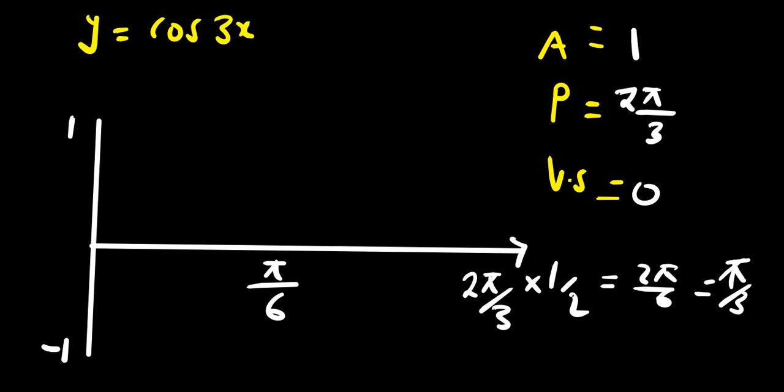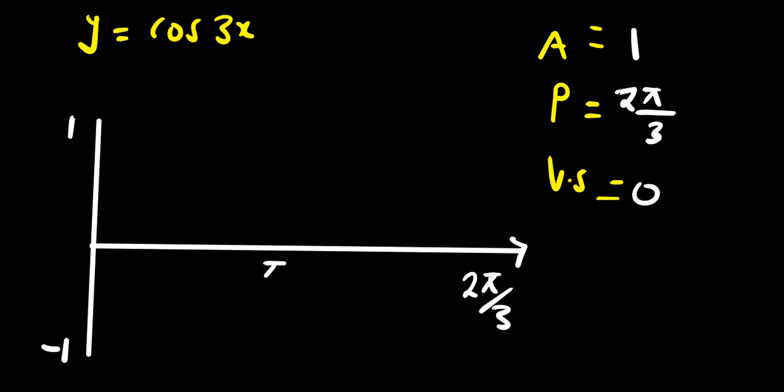Okay, so pardon me for that. So this will be pi over 3. Then when I find the half of this, it is going to give me pi over 6. When I find pi over 6 and multiply by 3, I'm going to have pi over 2.